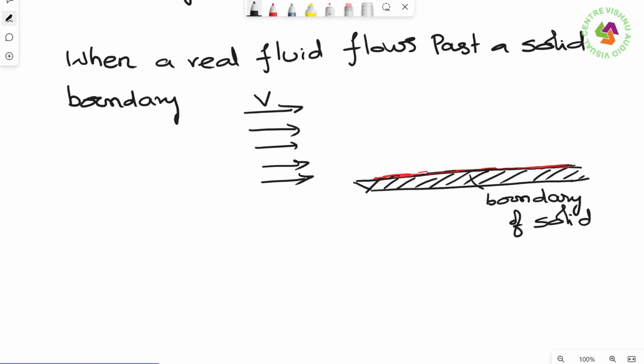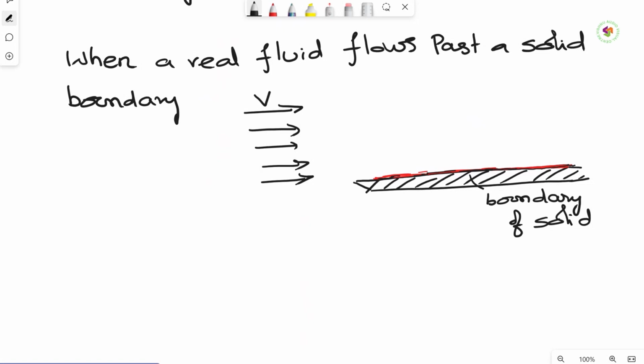What is the no slip condition? When a real fluid flows past a solid boundary, at the boundary, the fluid layer will not actually slip on the boundary. It adheres to the boundary, and this condition is called the no slip condition.